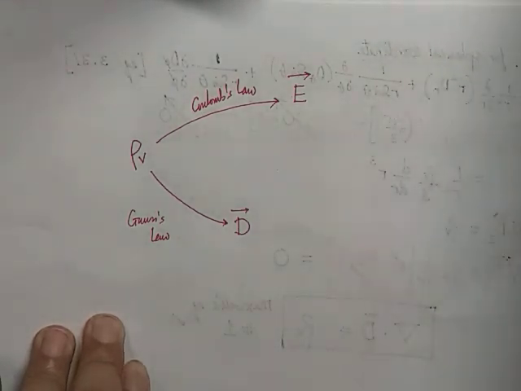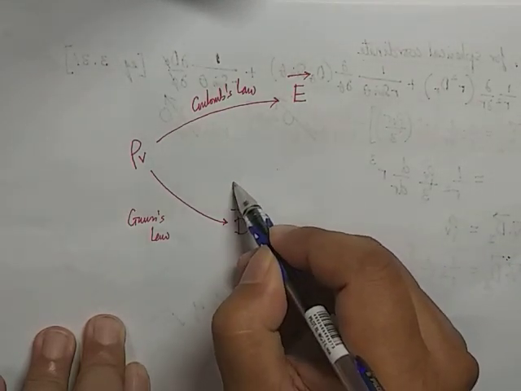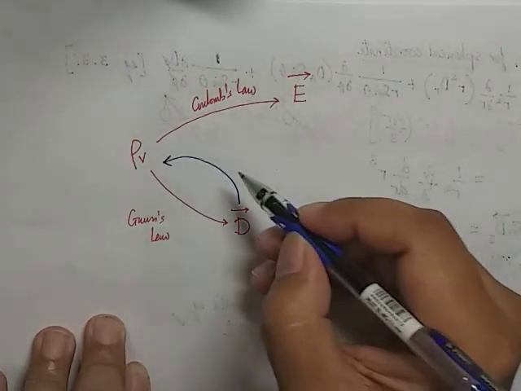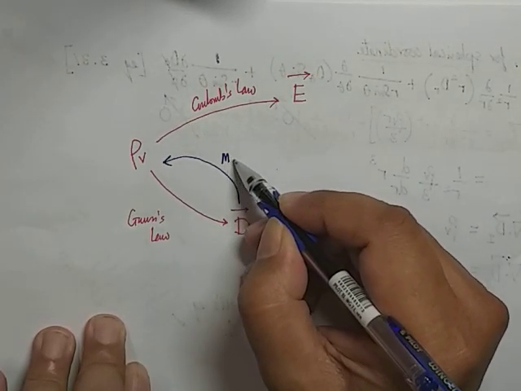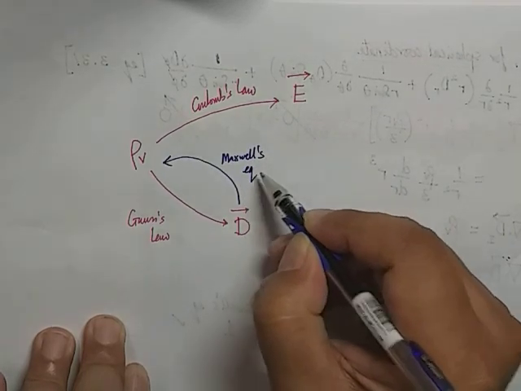And now in this session, from D, we are able to determine the source, and that is known as Maxwell equation number 1.